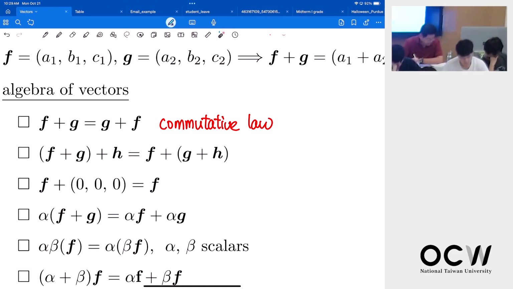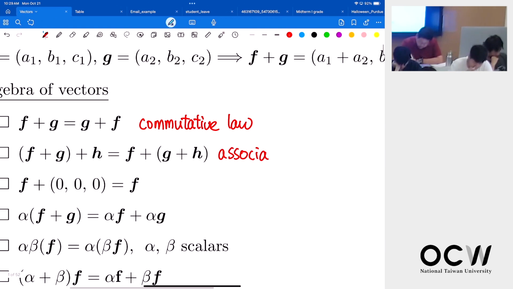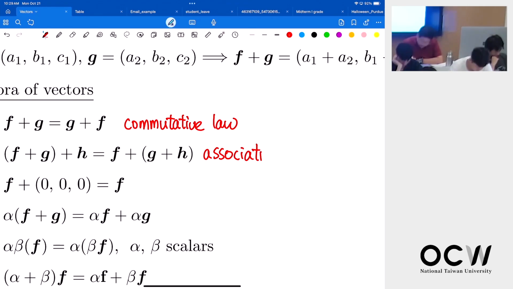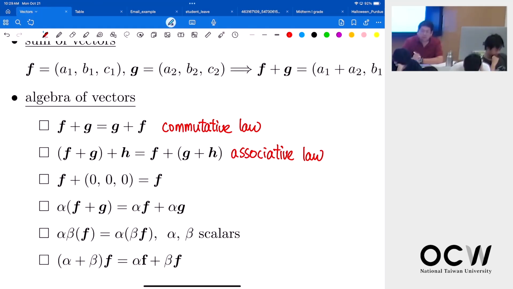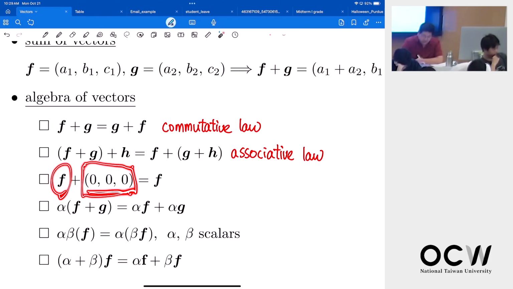This is called the associative law. If I have a vector plus a 0 vector, it doesn't change anything. The 0 vector does not affect your vector f, so the answer is still f.